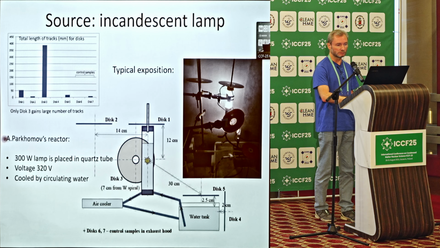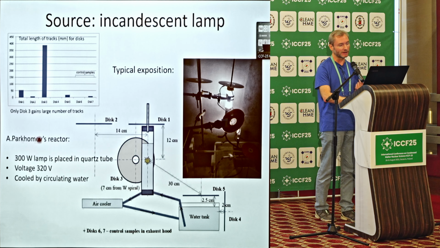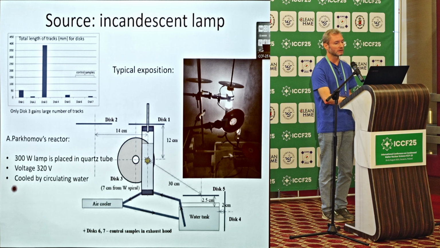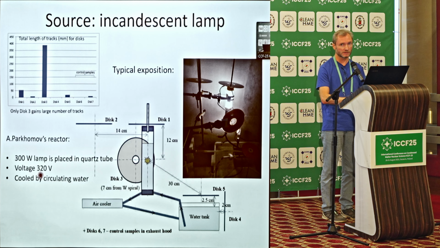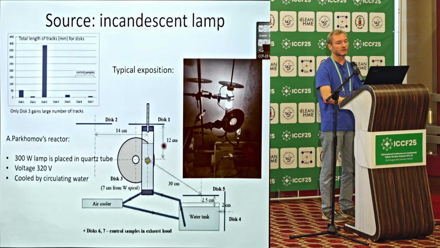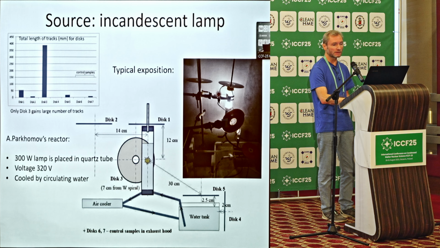Alexander Parkhomov's reactor is very, very simple. The lamp is placed in a quartz tube here. We use increased voltage, more than 300 volts, and it's cooled by circulating water here. And we placed several disks around.